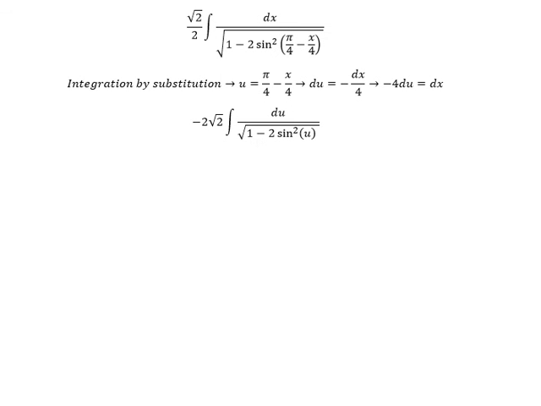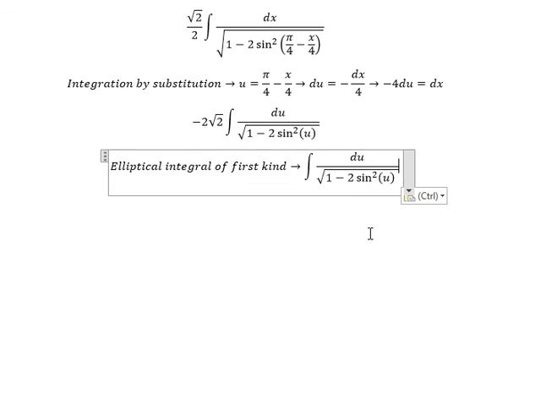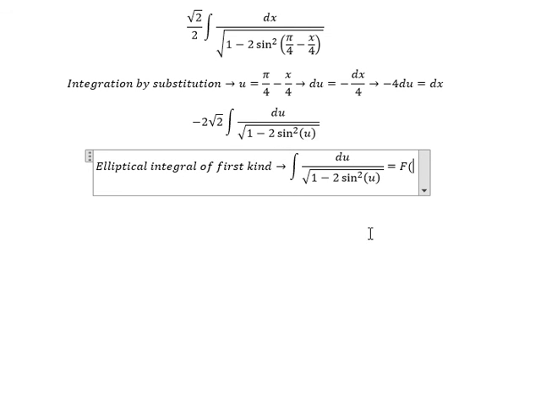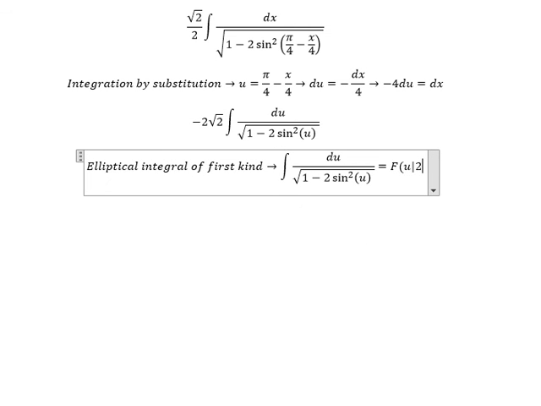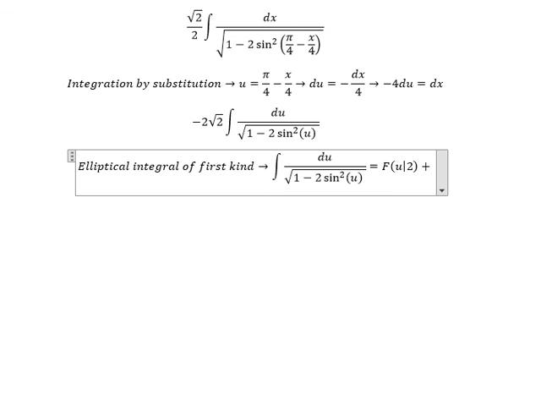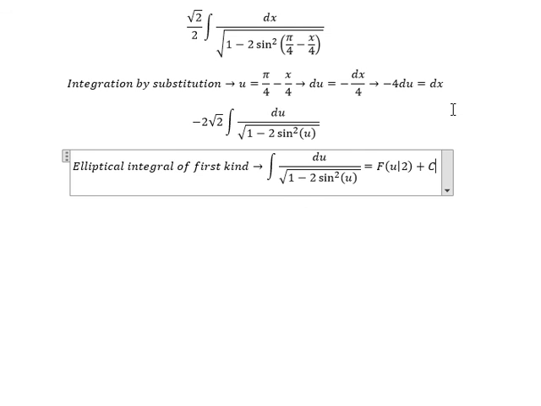Next, I will apply the elliptical integral of the first kind in here. So for this one, we will change to F of u and 2, and C is a constant.